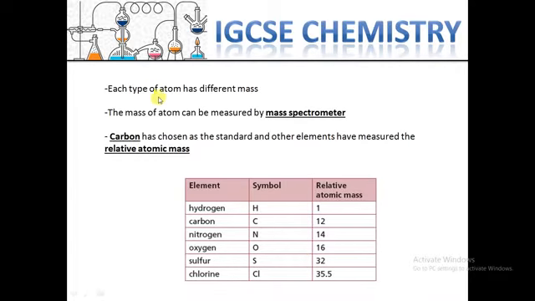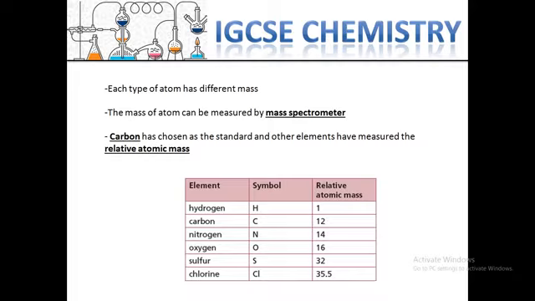Each type of atom has a different mass because each atom has a different number of protons. For example, as I said, carbon has 6 protons, 6 electrons, hydrogen has 1 proton, 1 electron, and oxygen has 8 electrons, 8 protons.